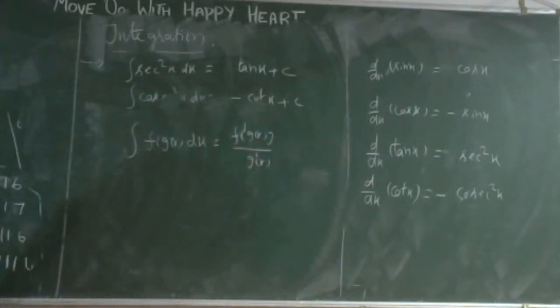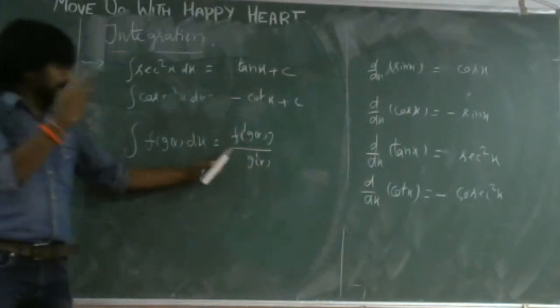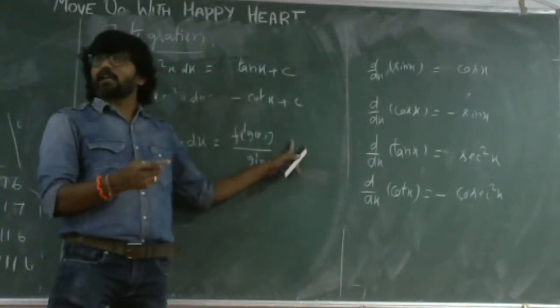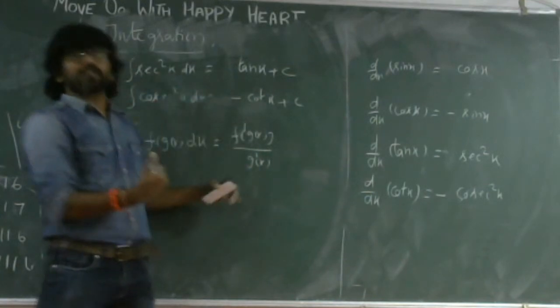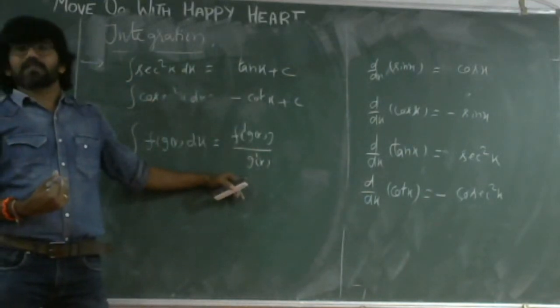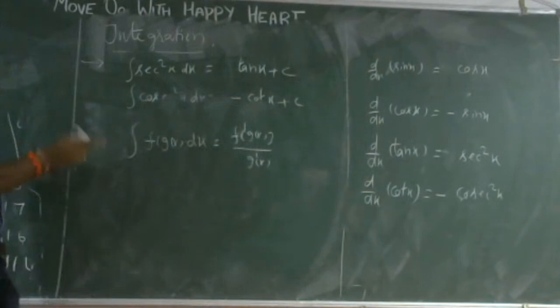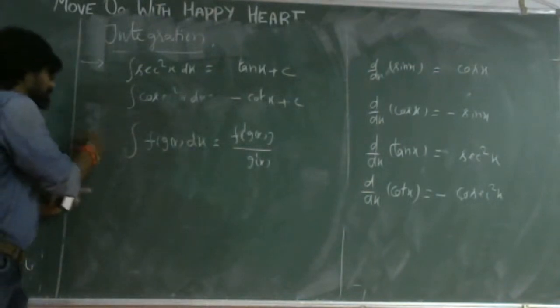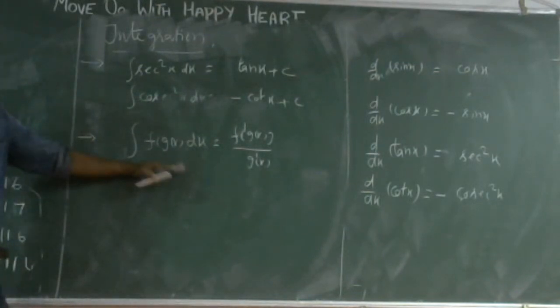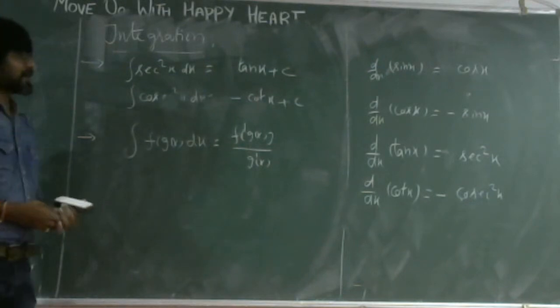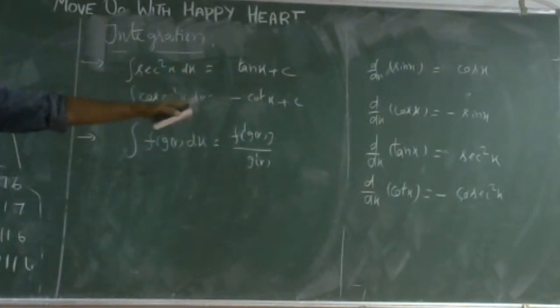You have to understand this properly. In differentiation, we multiply by g dash x, but in integration, we have to divide by g dash x. Is that clear? So let us understand this by using some examples. This is special. Right? Can we take some examples?